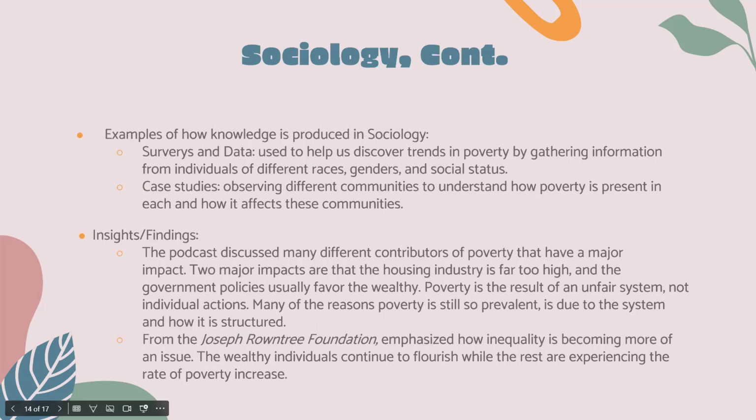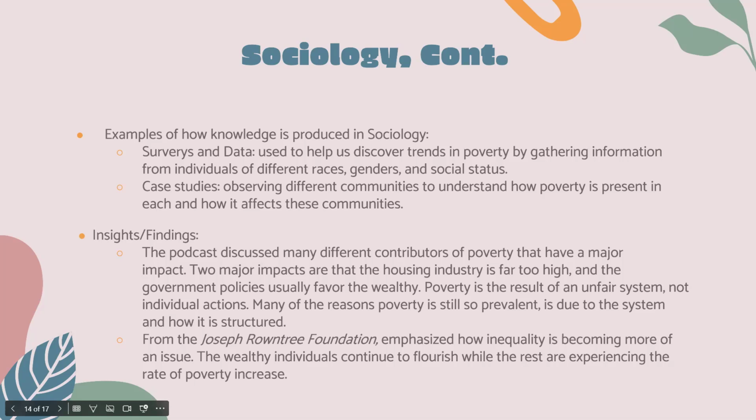So, some examples of how knowledge is produced in sociology. Surveys and data. These are used to help us discover trends in poverty by gathering information from individuals and different communities, and just observing how different races, genders, and social status are affected by poverty and how these compare to higher social status and different communities.